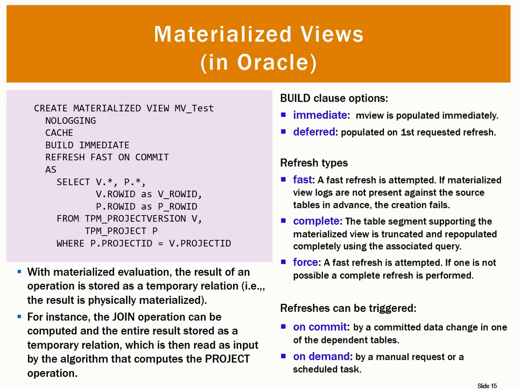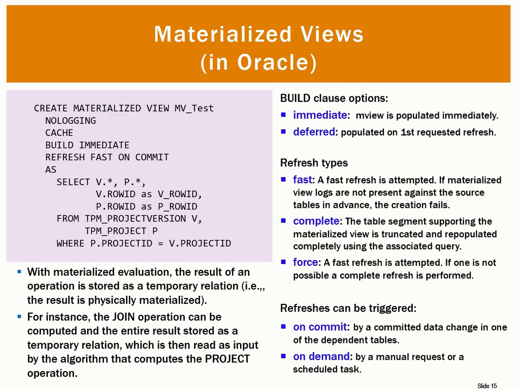And so it builds the view, but then there are certain keywords you can use to drive the behavior of the materialized view. And you can see some of the options on the right-hand side. There's options for the build clause, options for the refresh types, and when the refresh is triggered. They could be triggered, for example, on commit.